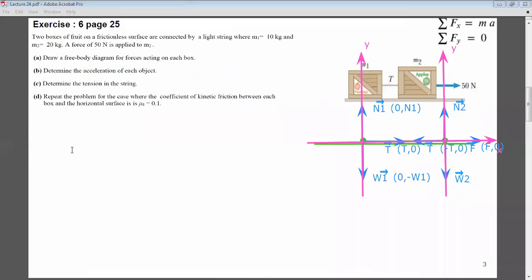The way to do it separately is we say on object one, the question is to find the acceleration, so we have to use the first rule, summation of Fx equals ma.